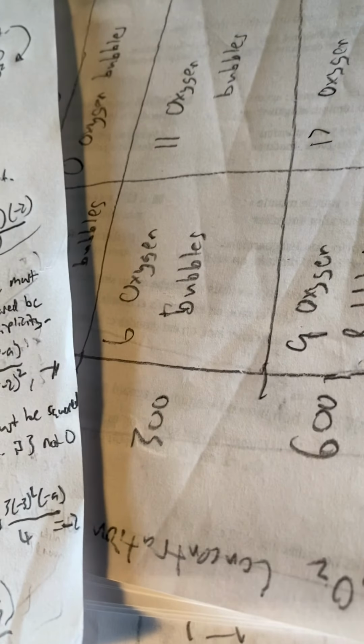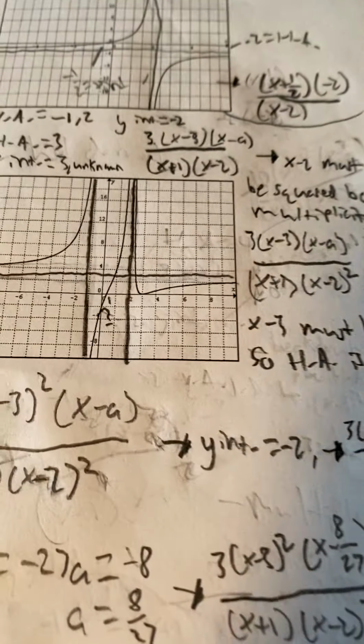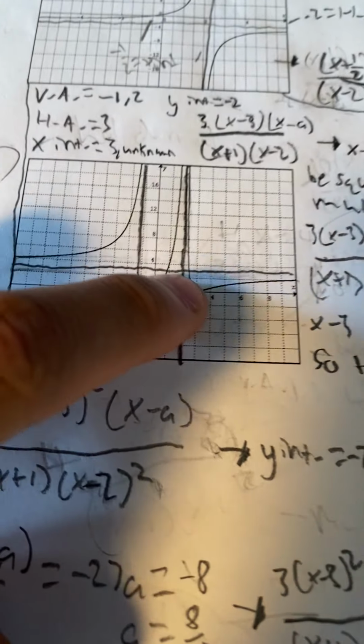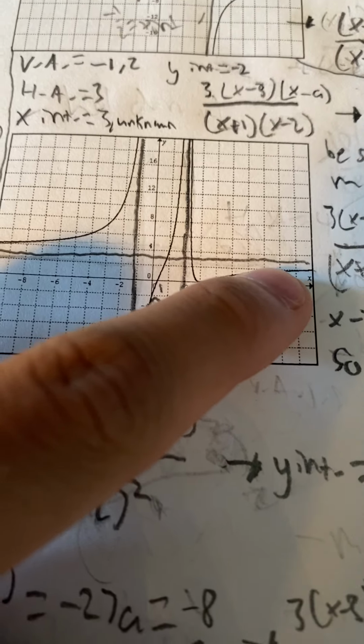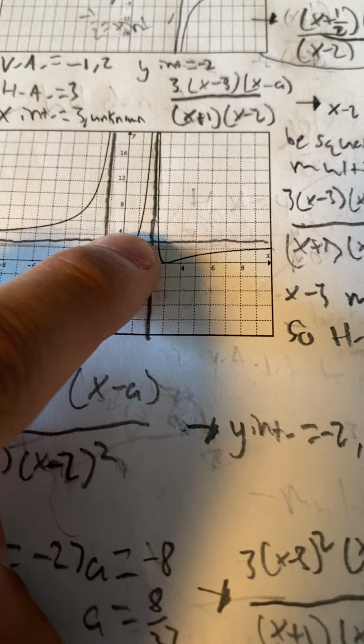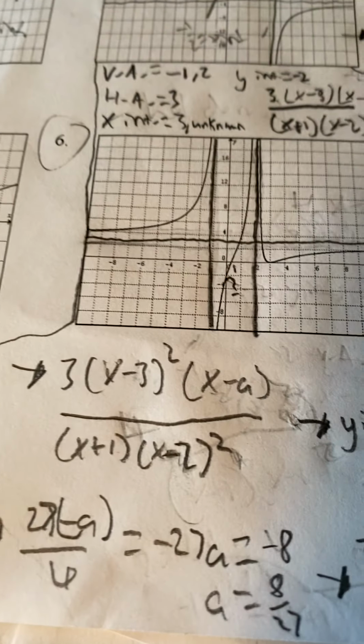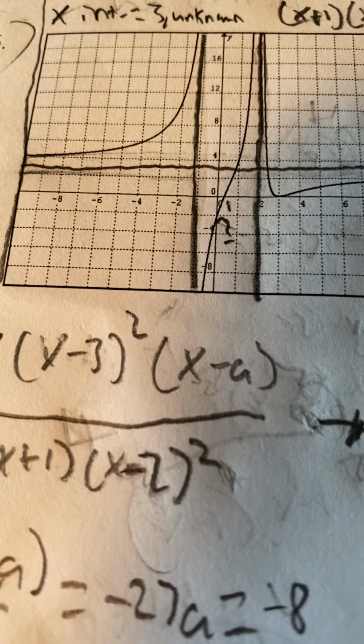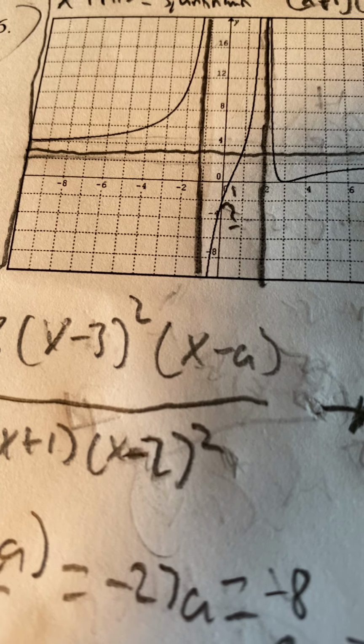Then, this one was quite difficult, especially as it confused me because of this. I took that as the horizontal asymptote of 3, even though it does touch it. And then vertical asymptotes of -1 and 2.